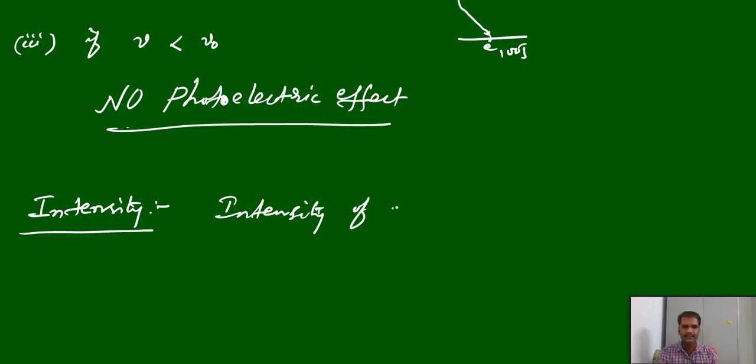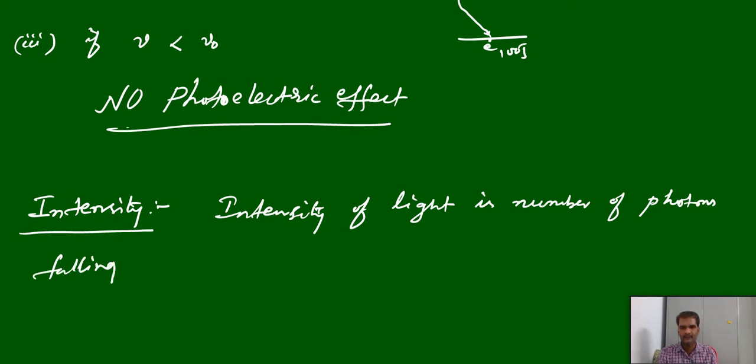Intensity of light is the number of photons falling on unit surface area or unit area in unit time.